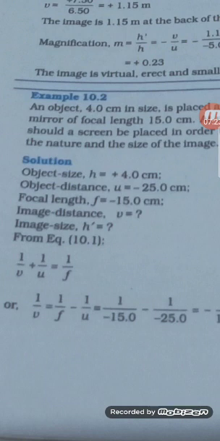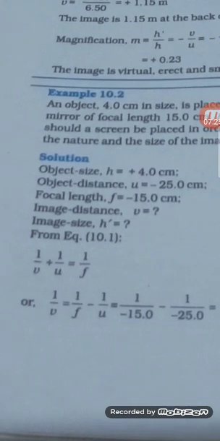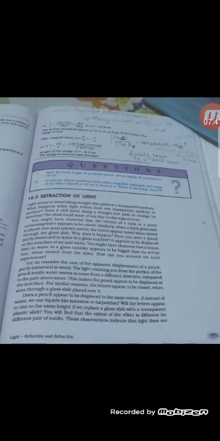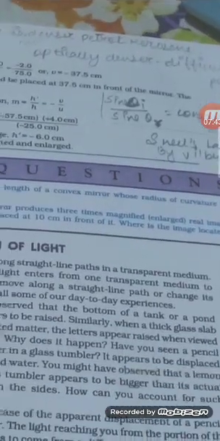We have a single formula, 1 upon v plus 1 upon u is equal to 1 upon f. We have to find v, so 1 upon v is equal to 1 upon f minus 1 upon u. Put the values, simplify it, you get v is equal to minus 37.5 centimeter.